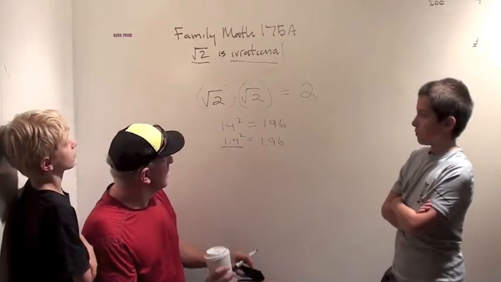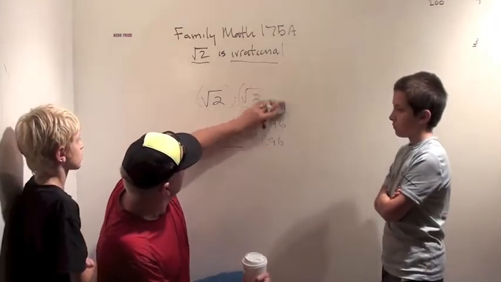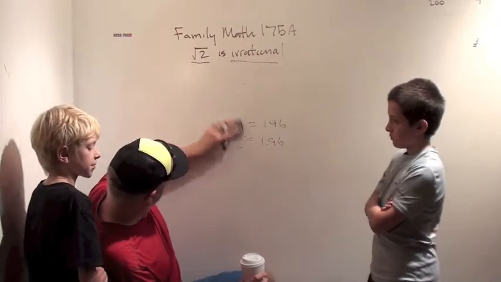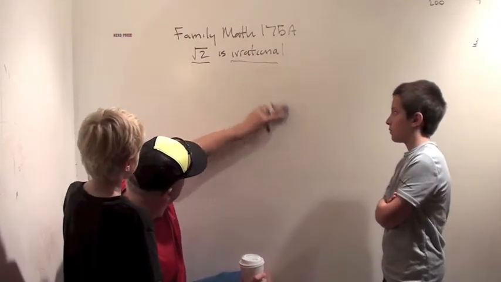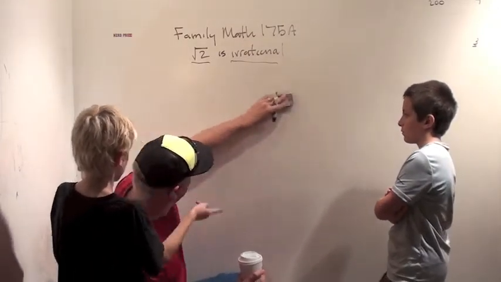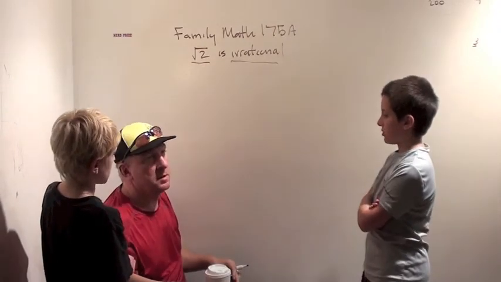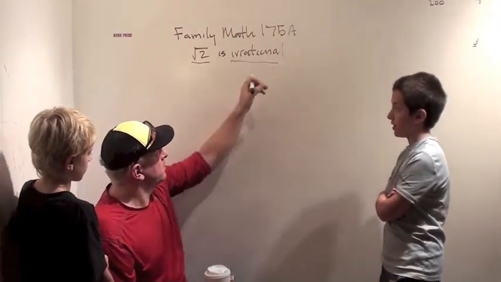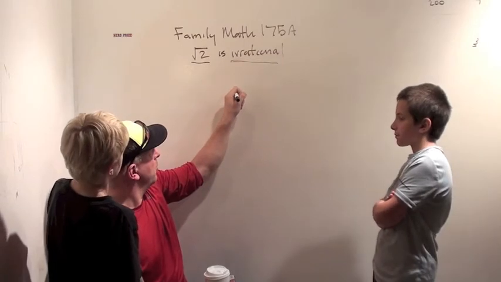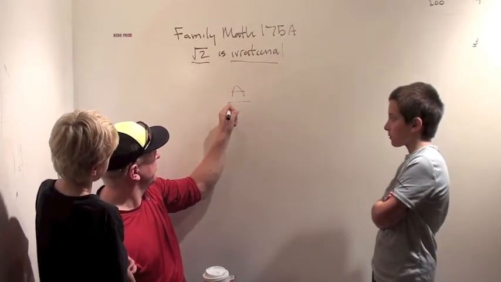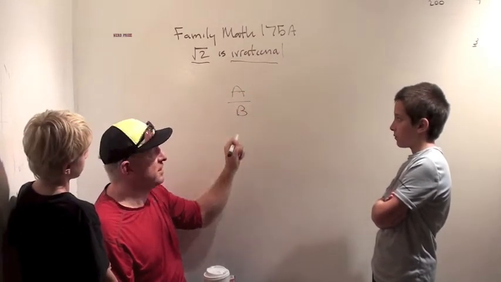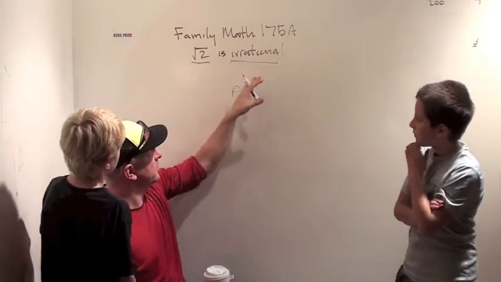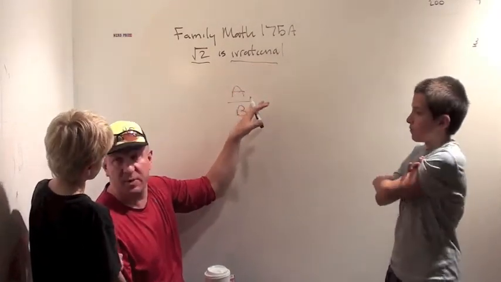Okay, what does irrational mean? You can't divide it by an integer. You can't make it a ratio of a to b, where a and b are integers. Right. A rational number is a number of the form a over b, where a and b are integers. An irrational number is a number that can't be written like this.